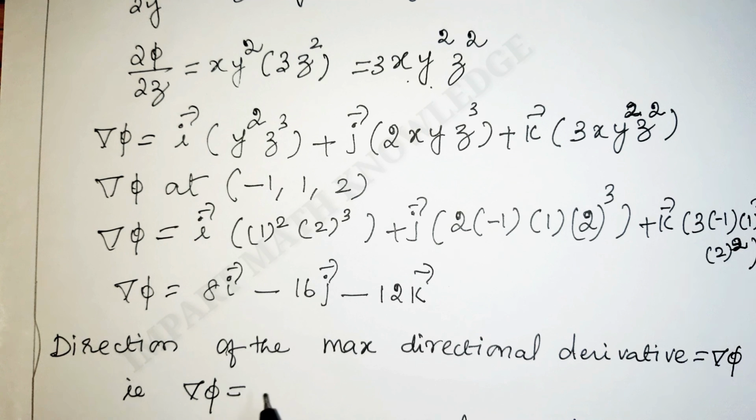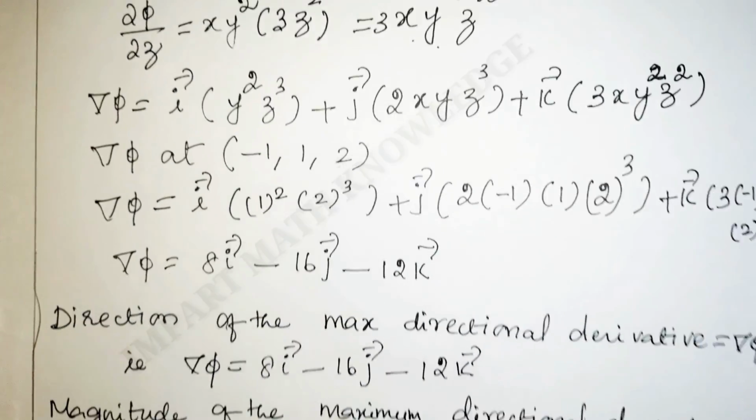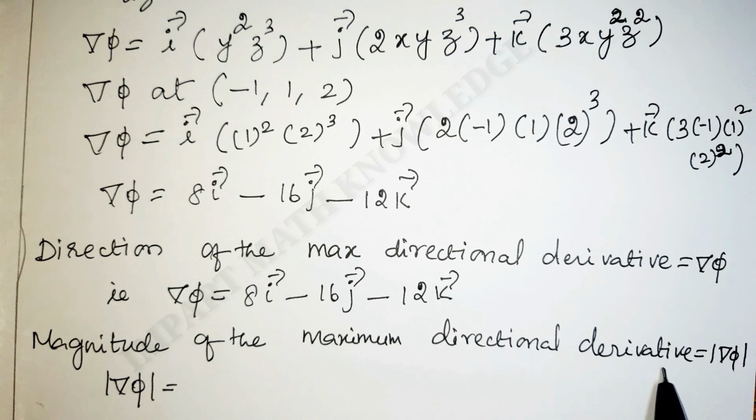Next we have to find the direction of the maximum directional derivative. This is nothing but del phi itself. Del phi is 8i vector minus 16j vector minus 12k vector. After that we have to find magnitude of the maximum directional derivative.